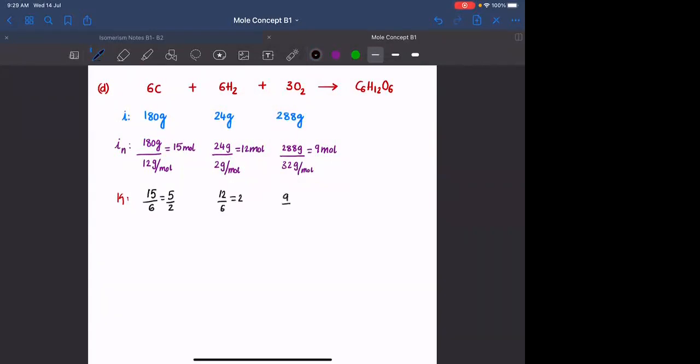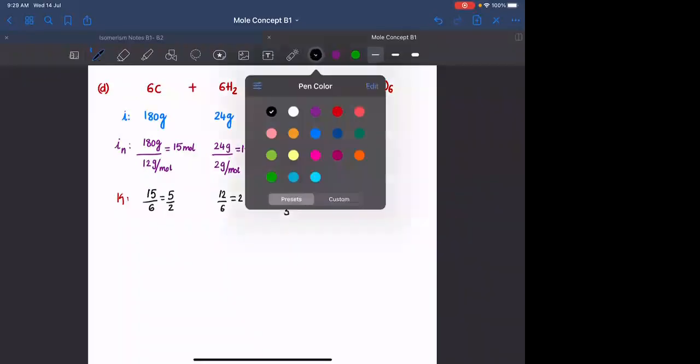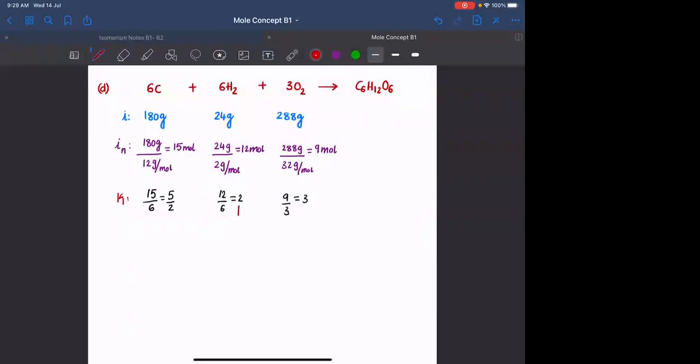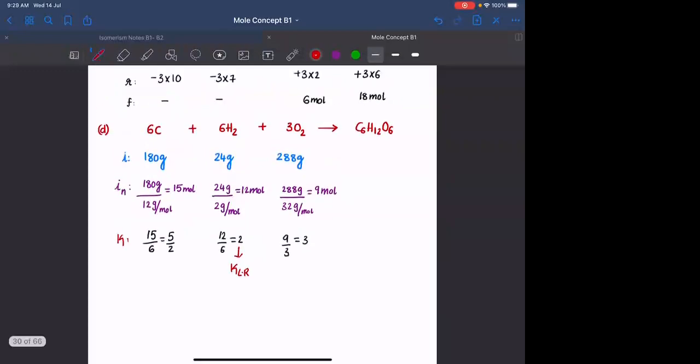This is 9 upon 3, which is equal to 3. So which has the lower value of K? 2. So this is the K of the limiting reagent. This will become the LR. These two will become excess reagents, so they will be left.